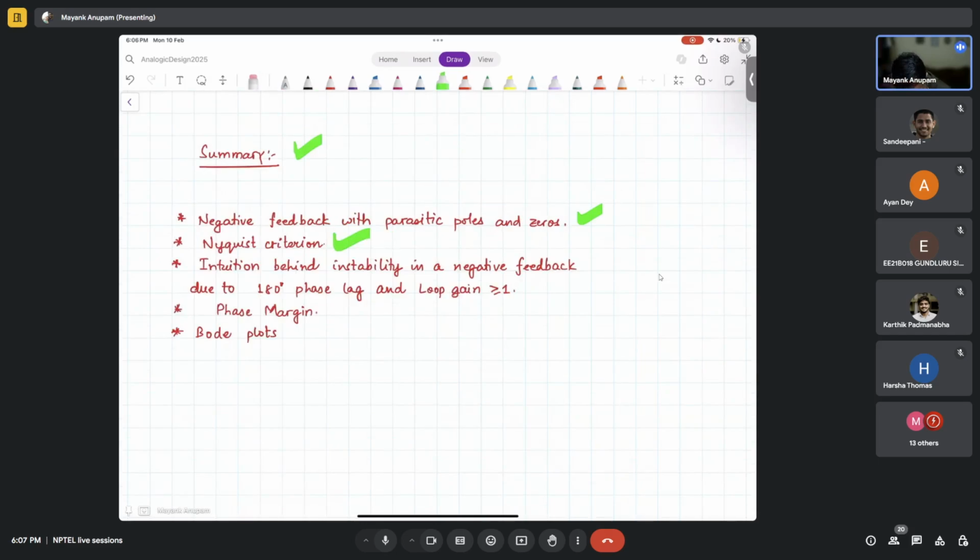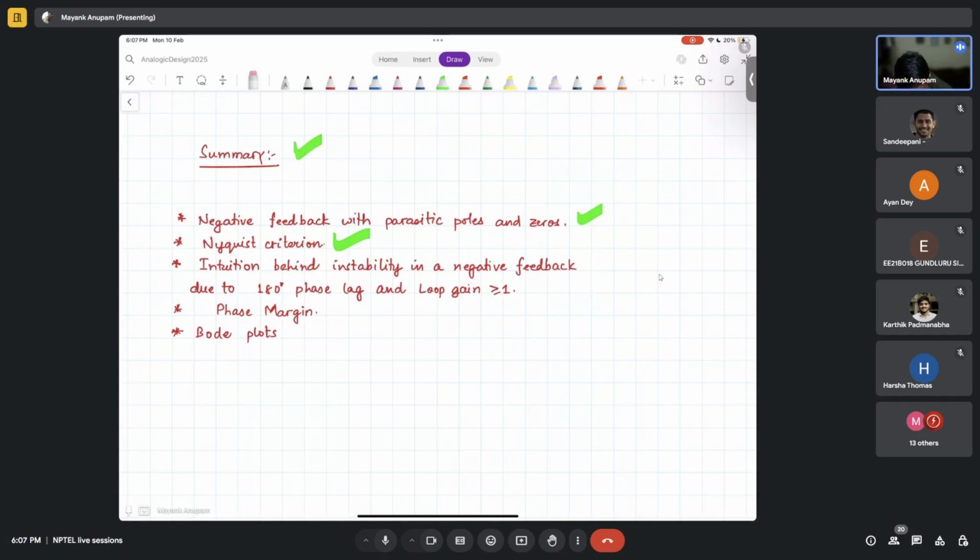Then today I will be giving you something which is not actually in this week. This is something I added to the content. I will try to motivate you as to why, in a negative feedback system, if there is a 180-degree phase lag and the loop gain is greater than 1, the system becomes unstable.